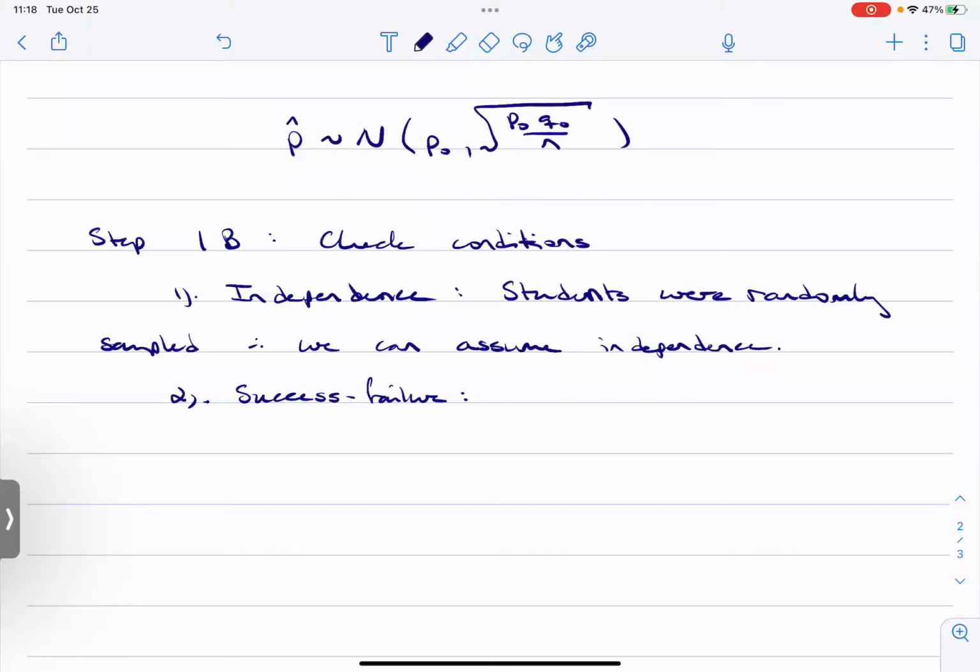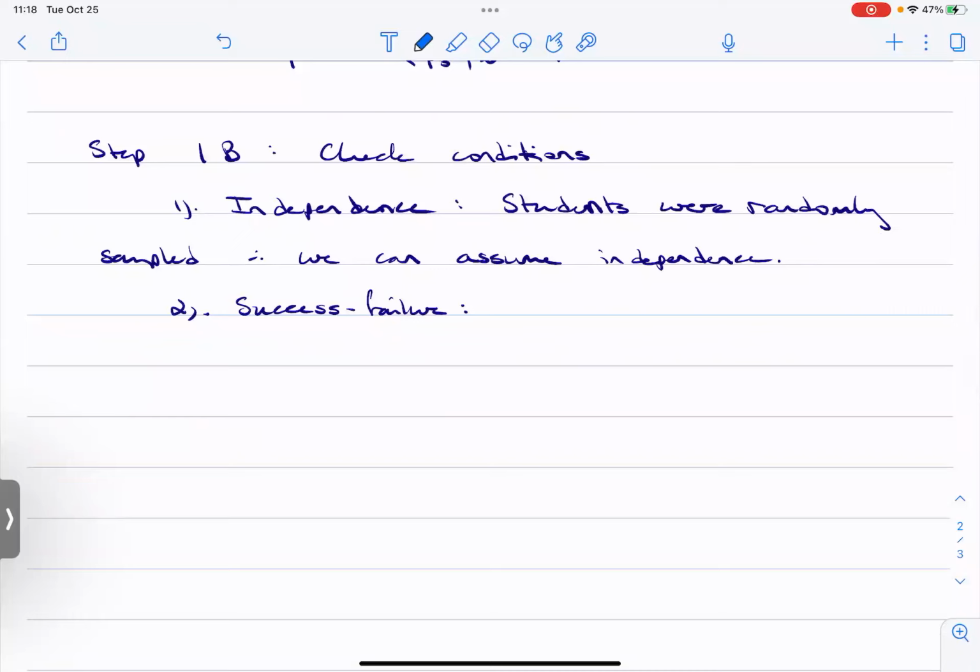Although once you get more comfortable, you'll be able to source out your p naught, then you can check your conditions before you state your hypotheses. But technically in your mind, you're finding that p naught, which is part of the null hypothesis and alternative. So here, use p naught instead of p hat.